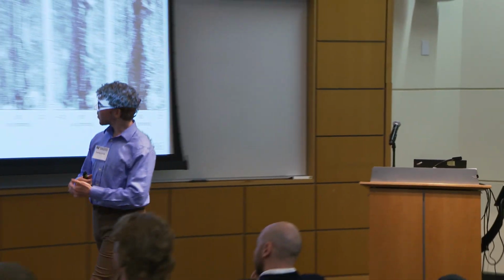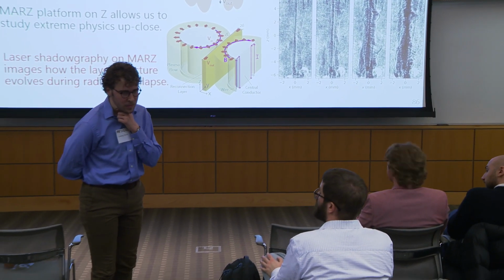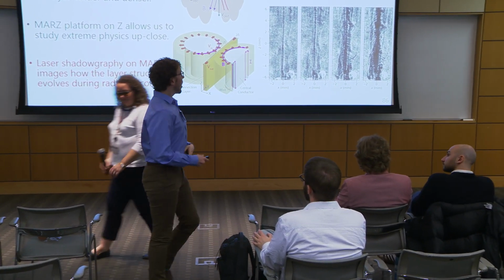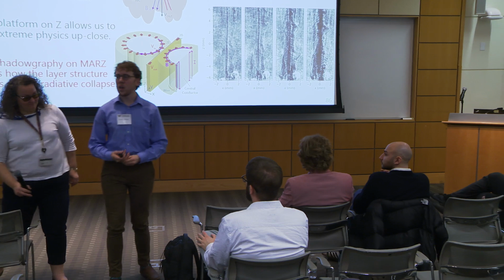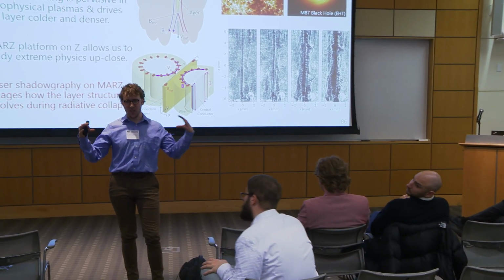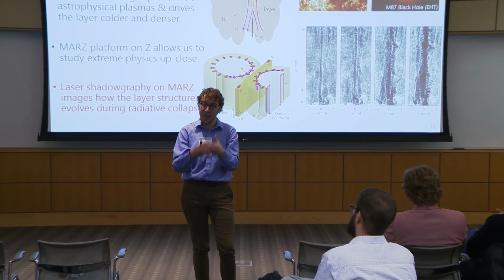I asked this earlier, but does this need two independent plasmas to hit each other, or could you see this in a tokamak? Yeah, so it could be two initially separate plasmas that are on a collision course and then impact each other.